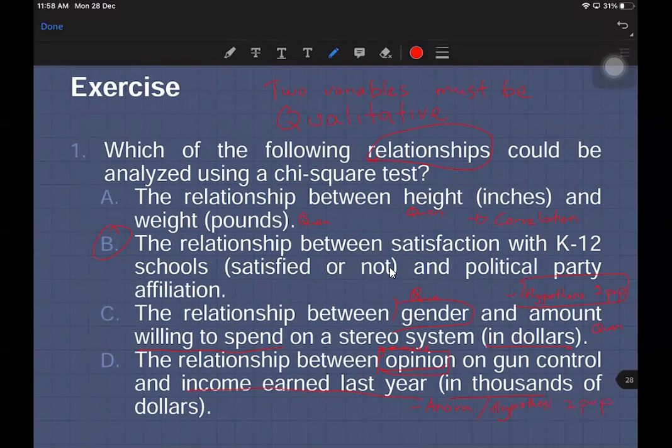But for A and B, we are looking at correlation and chi-square. These two are about relationships. We are trying to examine the relationship between the two variables, either qualitative and qualitative, or quantitative and quantitative.